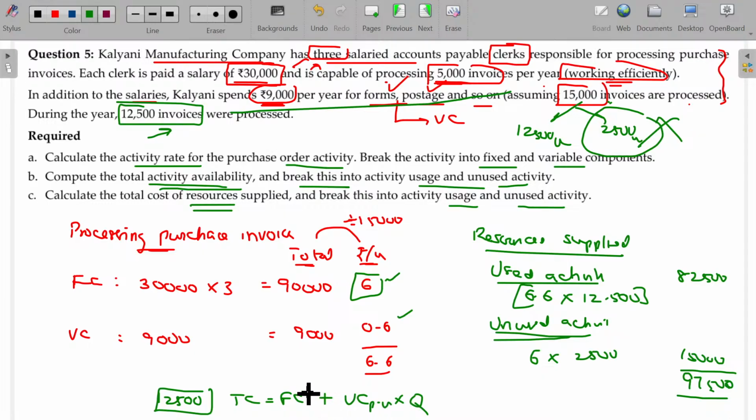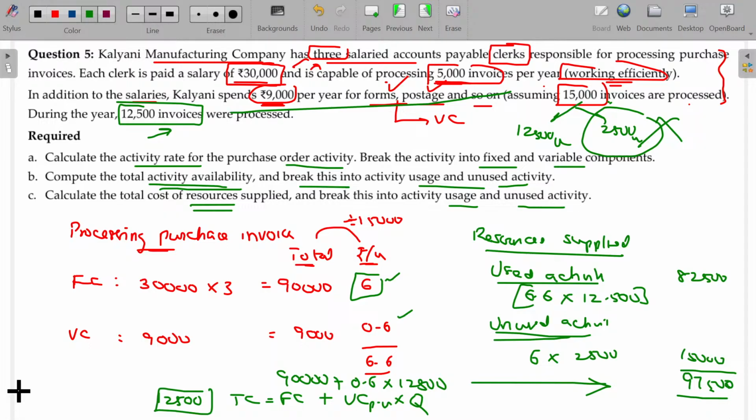Fixed cost being 90,000 rupees and variable cost per unit being 0.6 into 12,500 invoices processed. Come on, get me the total value. Okay, 97,500 you will be getting.